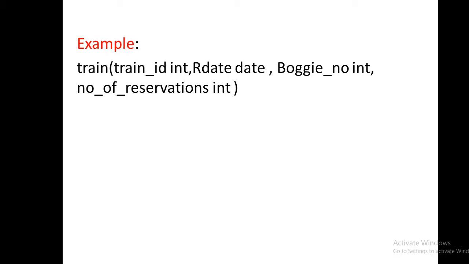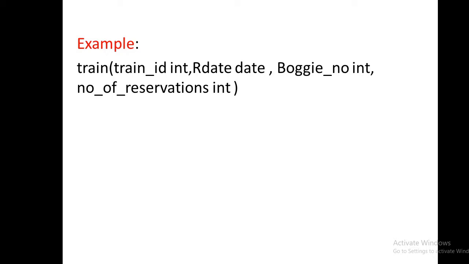Why? Because the train ID field is repeated for multiple rows, since the same train is scheduled every day from the given source to the destination. Again, reservation date can be repeated, bogie number can be repeated, but if we have a combination of some of the fields of that table, then that can become a primary key, which is nothing but a composite primary key.